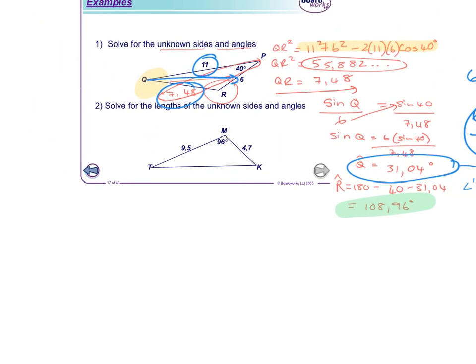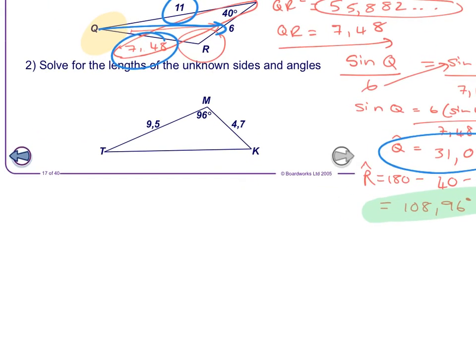All right, so then moving on to the next one, solve for the lengths of the unknown sides and angles. Again, if we look, here's our angle, we don't have the opposite side. So let's work out TK first. TK squared is our focus because that's our first side we're looking for. The other two we know. We're going to kick our angle to the opposite side of the question because it's opposite that side.